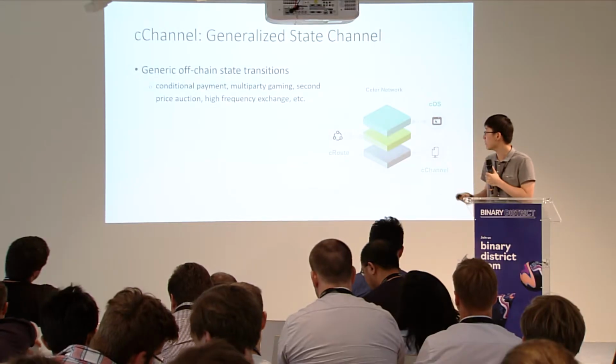By supporting these generic off-chain state transitions, we can support a large variety of decentralized applications, such as generic conditional payment, multi-party gaming, second price auctions, high-frequency exchange, and so on.